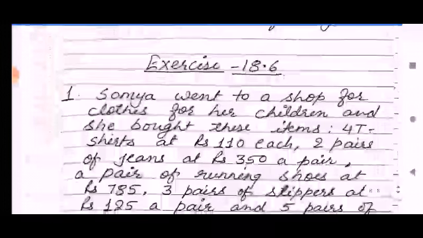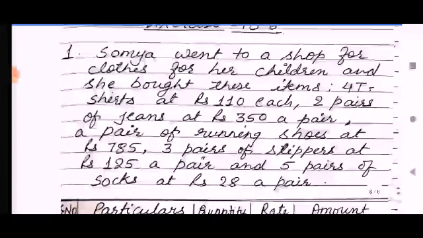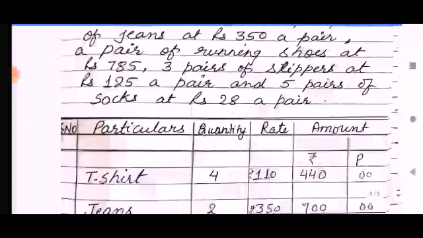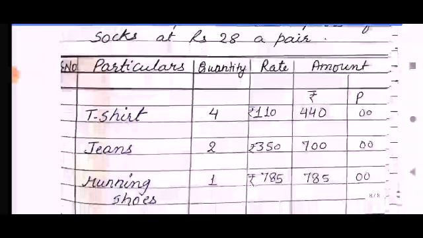The first question is: Soumya went to a shop for clothes for her children and she bought 5 items: 4 t-shirts at ₹110 each, 2 pairs of jeans at ₹350 a pair, running shoes at ₹785, 3 pairs of slippers at ₹125 a pair, and 5 pairs of socks at ₹28 a pair. We have to prepare a bill.